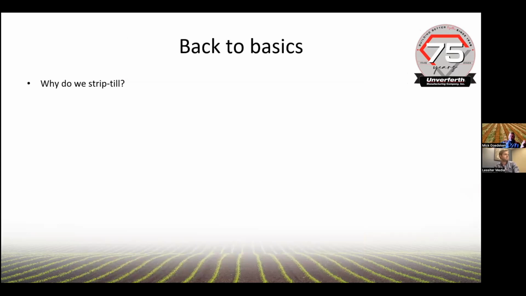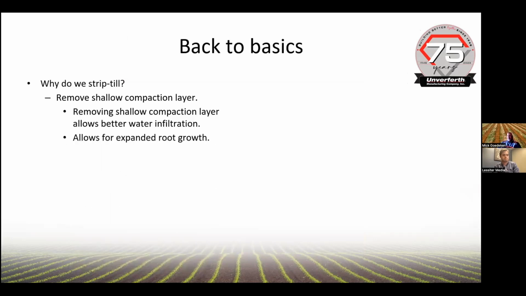So let's go back to the basics and why do we strip till? Number one is we want to remove that shallow compaction layer. Removing that shallow compaction layer allows better water infiltration, allows for root expansion, a larger root system.